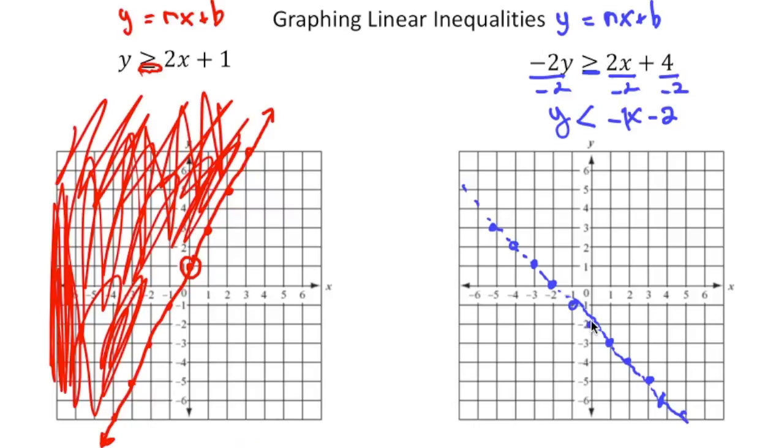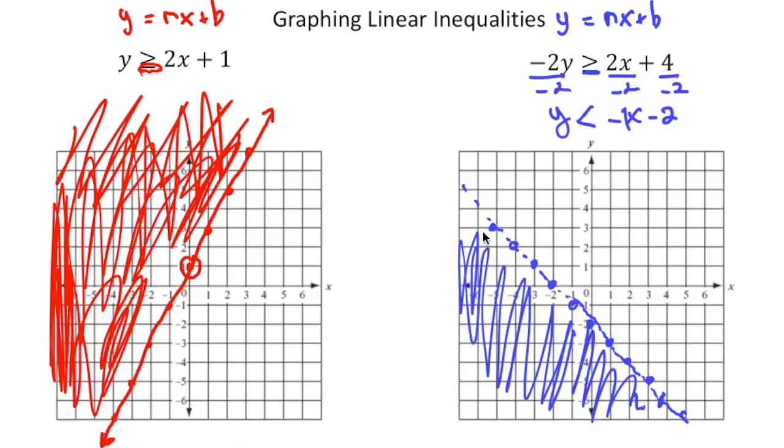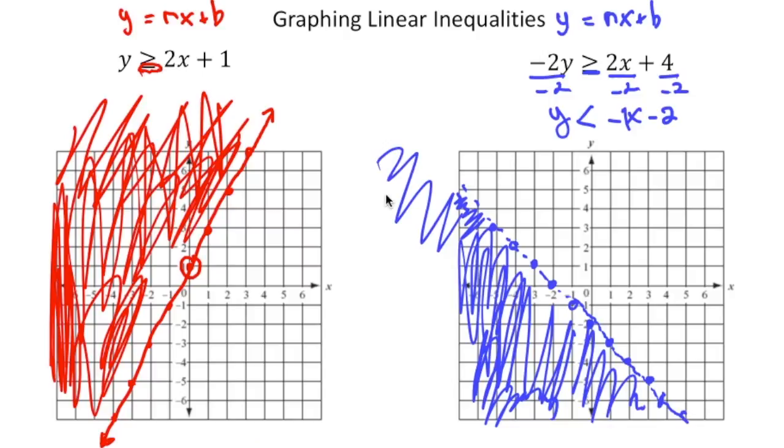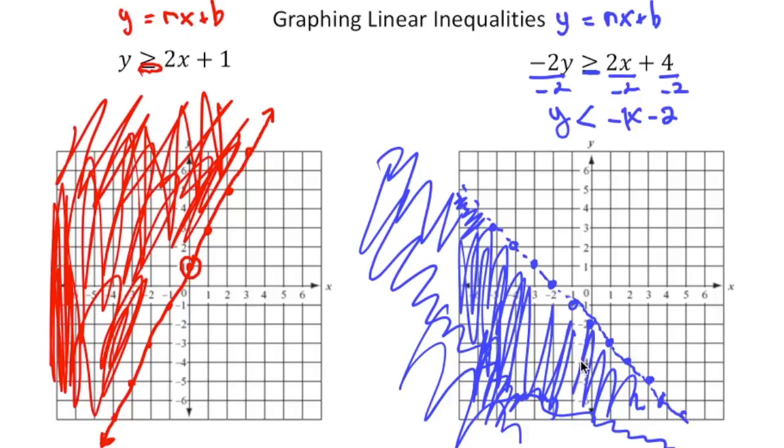So you go to the intercept, and to have y be less, we're talking about going down, right? So it's going to be this side of the graph that we're going to shade in. And again, just like the one before, every single coordinate in the shaded region, and this continues to go up like this, by the way, and down here, every single point on that graph is a solution to the inequality, all right?